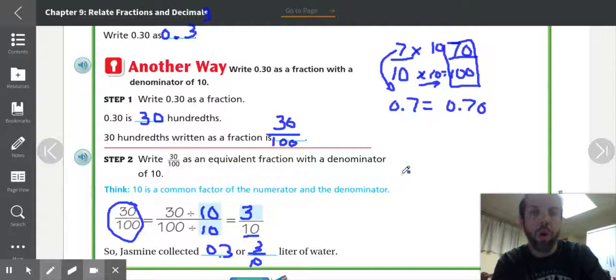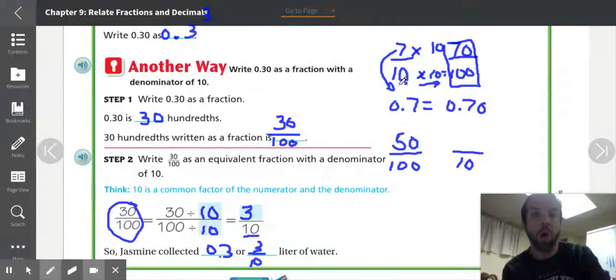All right, let's do one more. So if I had, let's say, 50 100ths, and we want to write it as tenths. Now I know my denominator is 10. So I'm not, like this one, I was going from smaller 10 to a bigger 100. Now I'm going from a bigger number, 100, to a smaller 10.